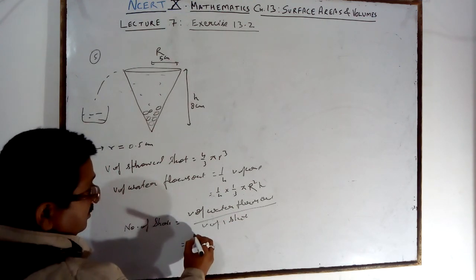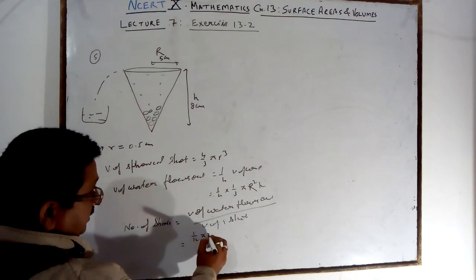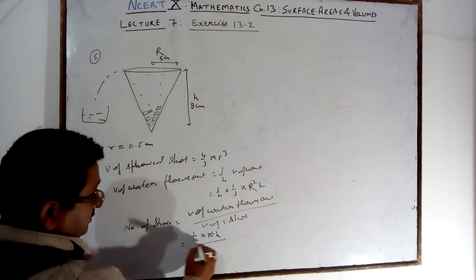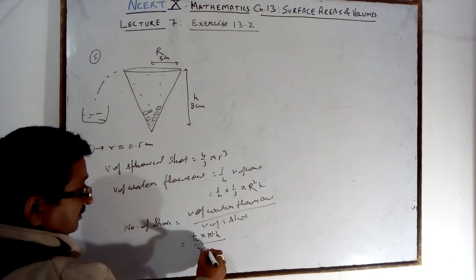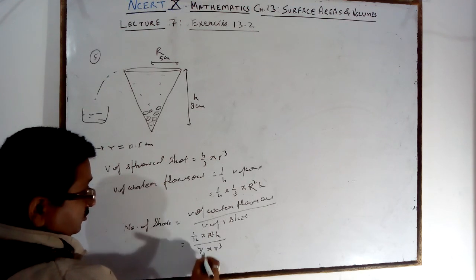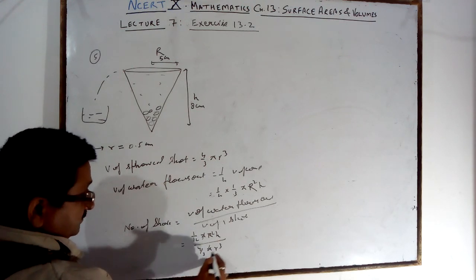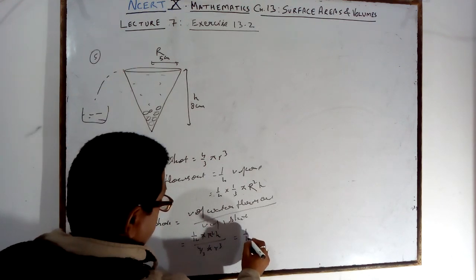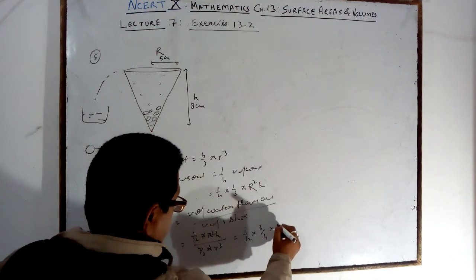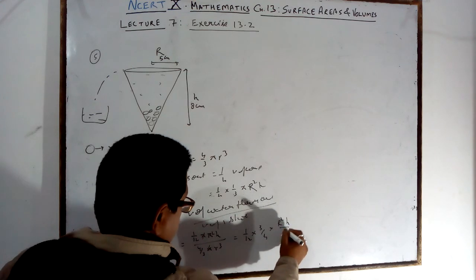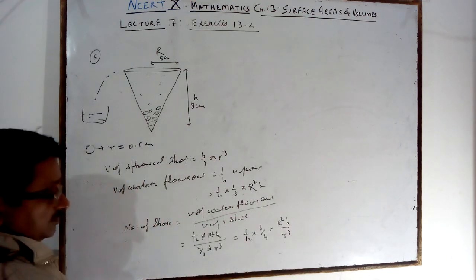That is 1/12 pi capital R square H, the volume of water that flows out, upon 4 by 3 pi r cube. Both the pi cancel. You will get 1/12 into 3 by 4 into capital R square H upon small r cube.